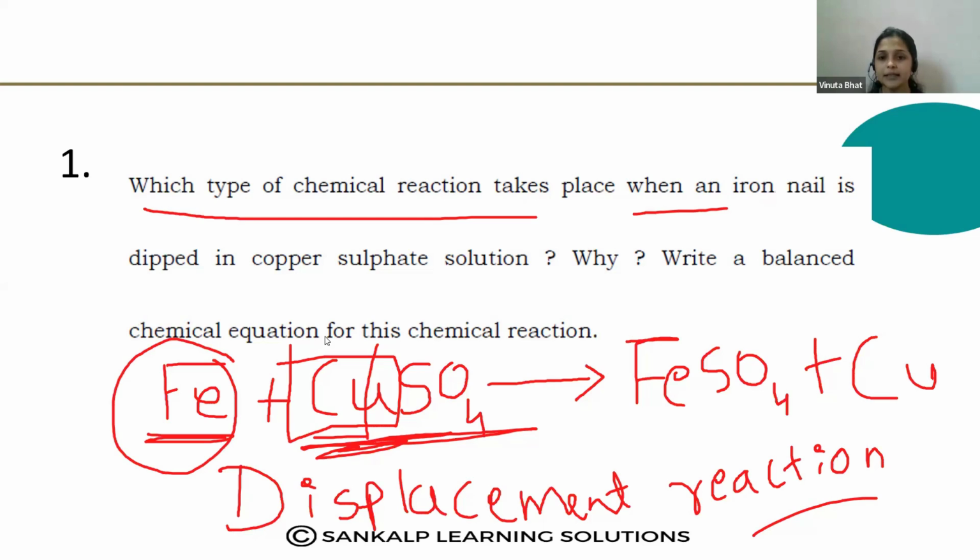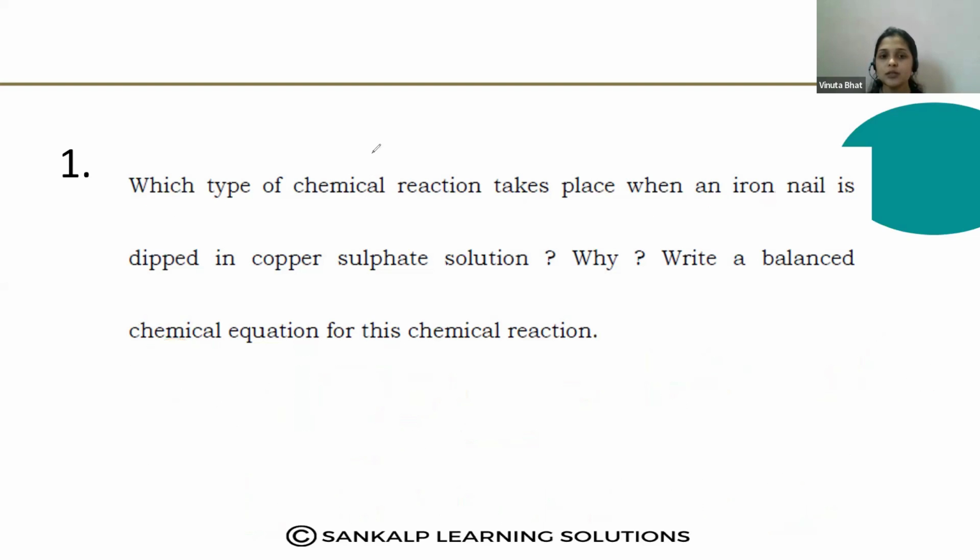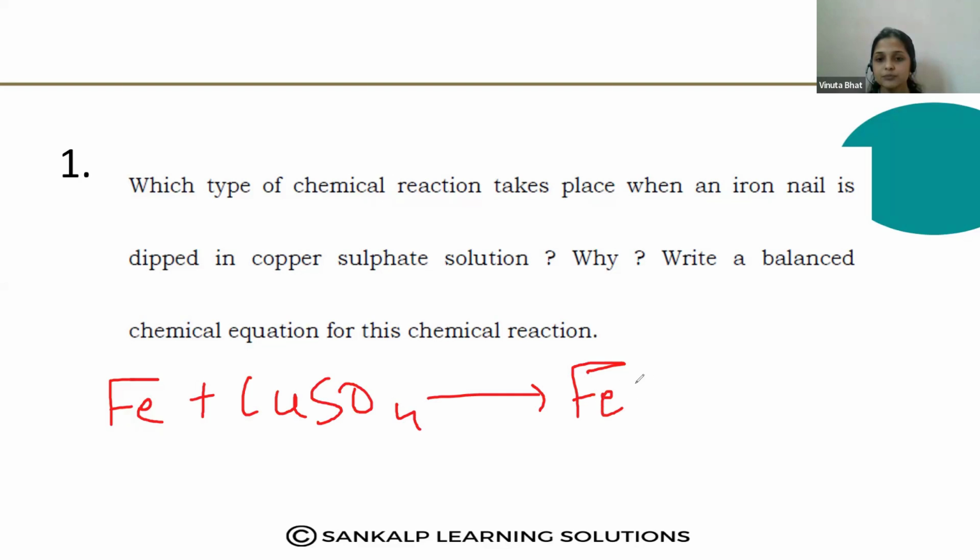Okay, then write the balanced chemical equation. So this is a 3-mark question. Which type of chemical reaction? That is a displacement reaction. Why? For that, 1 mark. And the balanced chemical reaction. Here Fe plus CuSO4 gives us FeSO4 plus Cu.